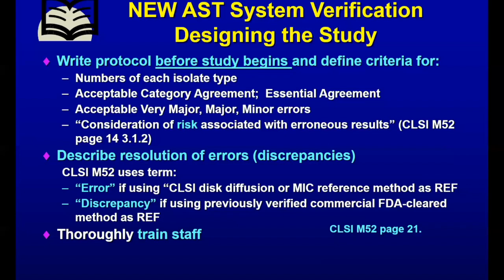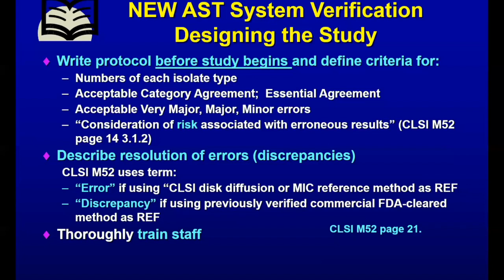We use the term discrepancy if we're using as our comparative method a previously verified commercial FDA cleared method. Okay, so error versus discrepancy depends on what method we're using for the reference results.